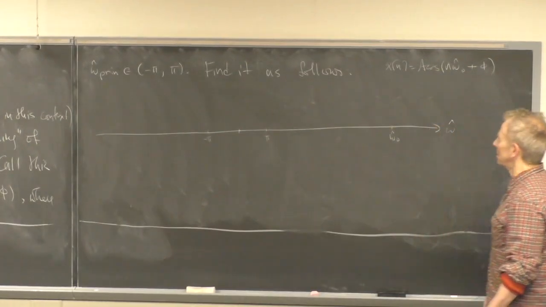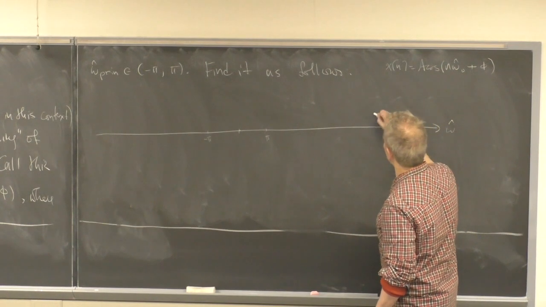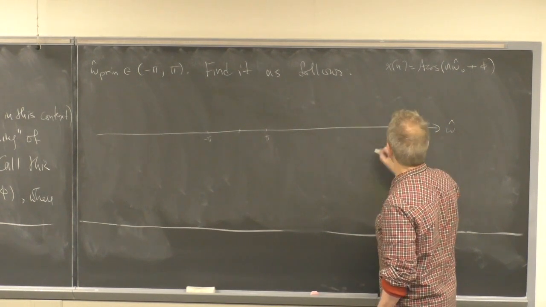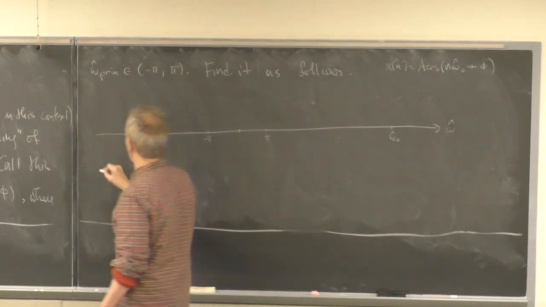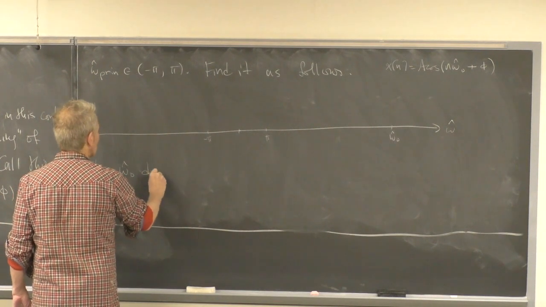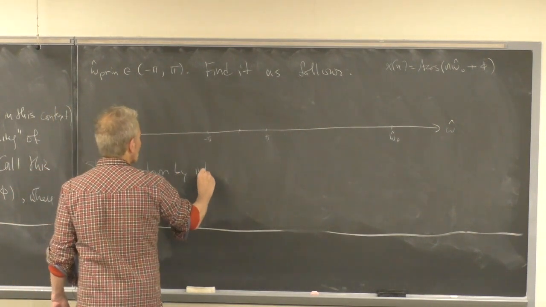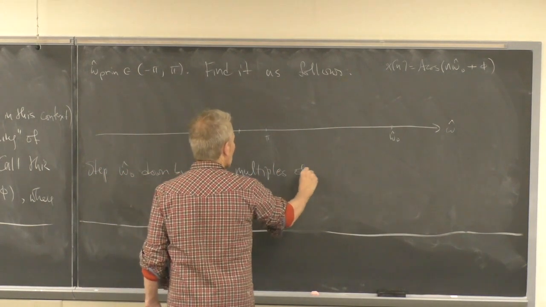All right, so how do we find the spelling of that signal, the different way to write that same signal with the lowest possible omega 0 hat bigger than 0? Well, what we do is we take omega 0 hat and we step it down by integer multiples of 2 pi. First I'll write the instructions: step omega 0 hat down by integer multiples of 2 pi.